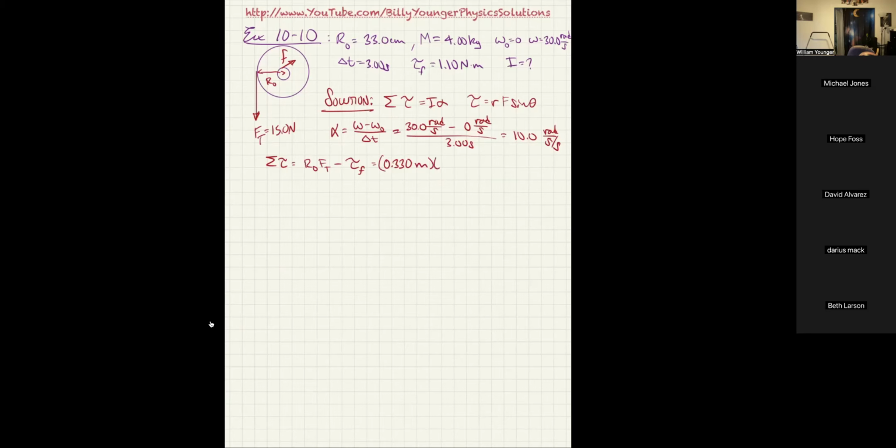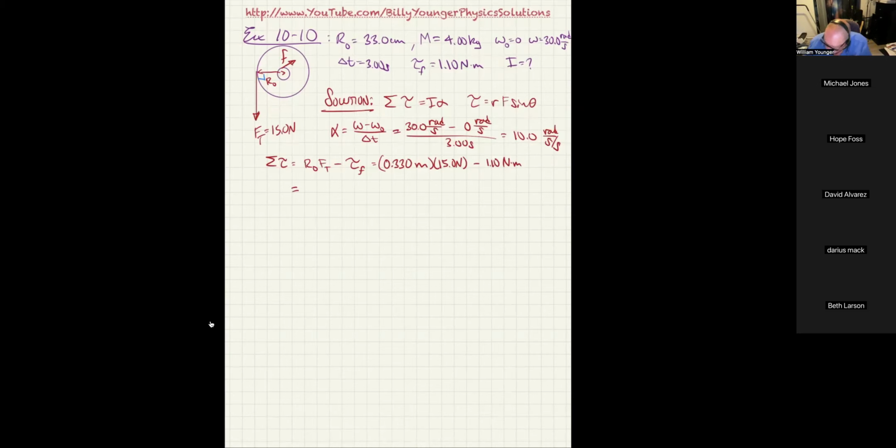And the Ft is 15.0 newtons. And notice that the angle between them is 90 degrees. So sine of 90 would be 1, so I don't have to put that in there. And then I'm going to say all of that is minus the 1.10 Newton meter torque.